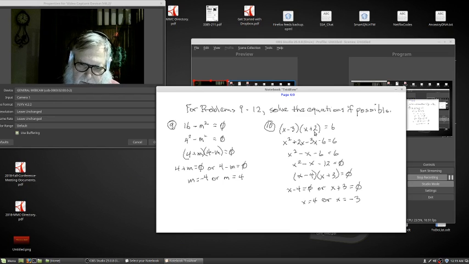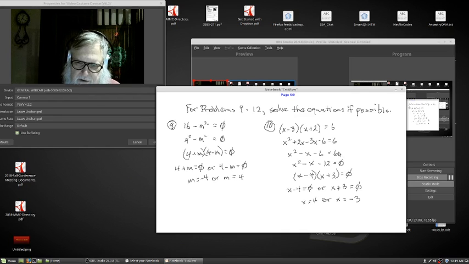Then outside we get 2x. Inside is minus 3x. And then the product of negative 3 and positive 2 is negative 6. This is equal to 6. We haven't brought this over yet. So we end up with x squared minus x minus 6 is equal to positive 6.